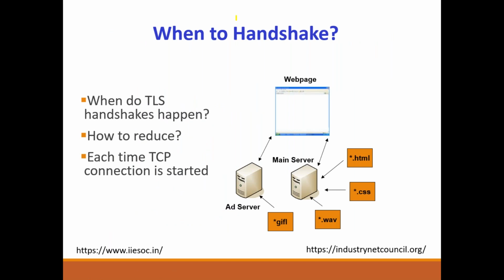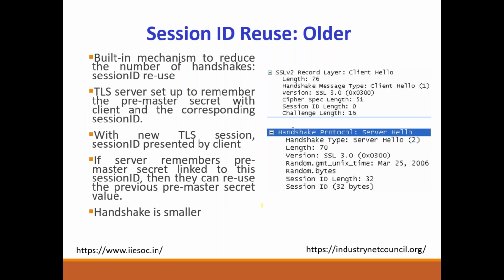The first one has to do with thinking about when handshakes happen and how to reduce the time. You saw what I showed you about all the flow that has to happen, and if you have to start a TLS handshake for all the various components on a web page, you can see that can take quite a bit of time. And so what people are trying to do is to use session ID reuse.